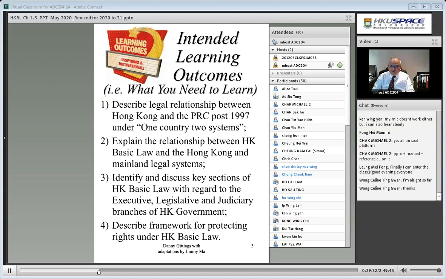I mentioned this briefly just now. Our intended learning outcomes. What should you expect from this course?